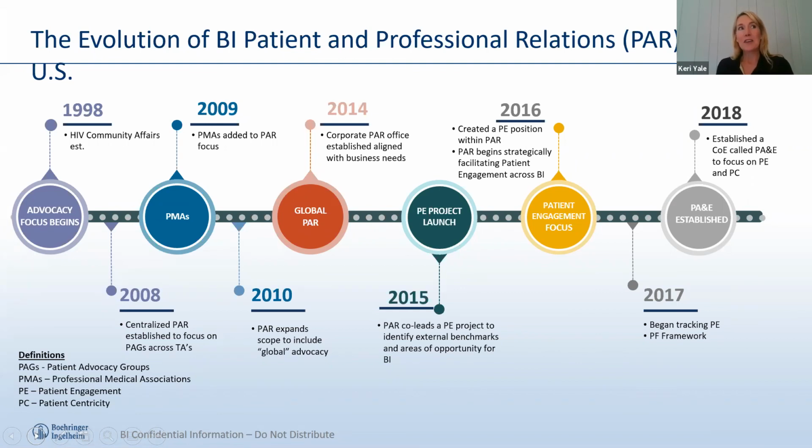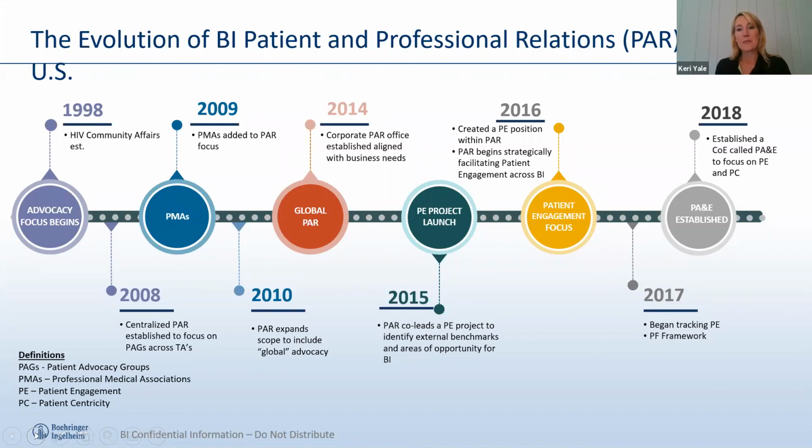And about 10 years after our HIV team, we, as a company, established a centralized function called Patient Advocacy Relations, known as PAR, dedicated to really working directly with the advocacy groups, but this time across all disease areas that BI works in. And over the past decade, the scope of the function has really evolved. I'm sure that's similar for many companies joining today, and also as advocacy group representatives, you've probably seen companies evolve as well.